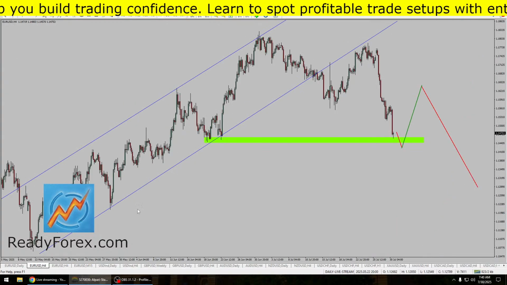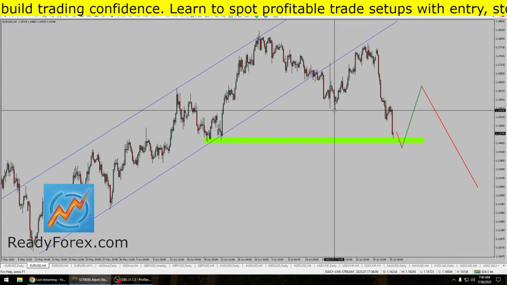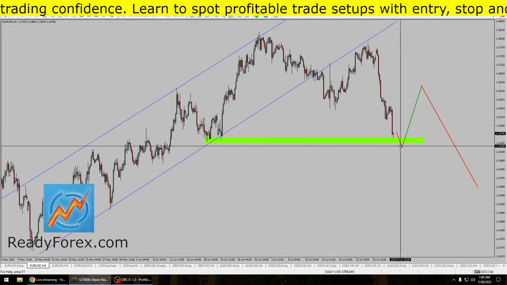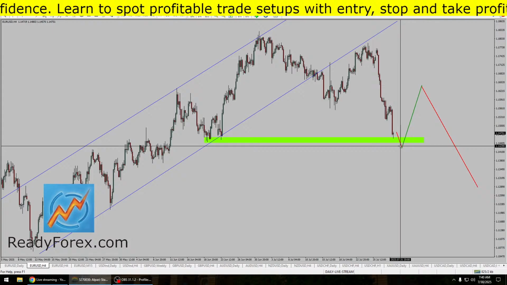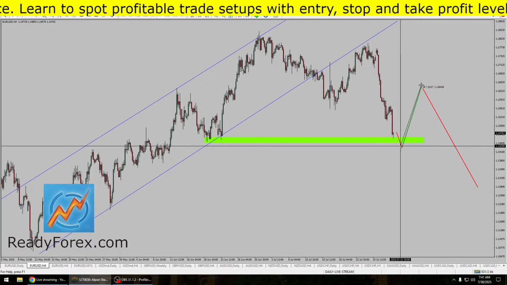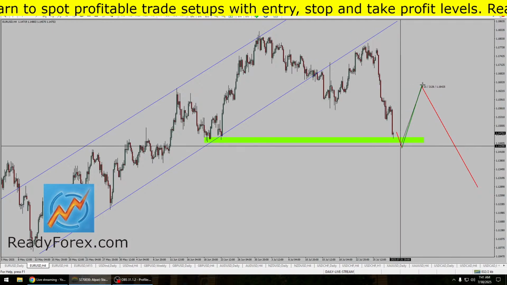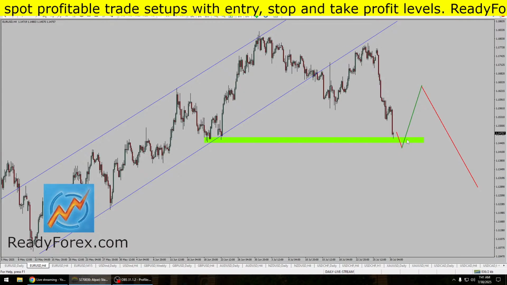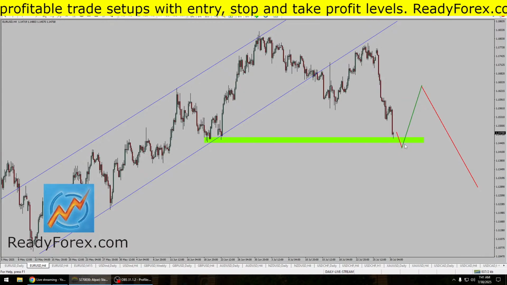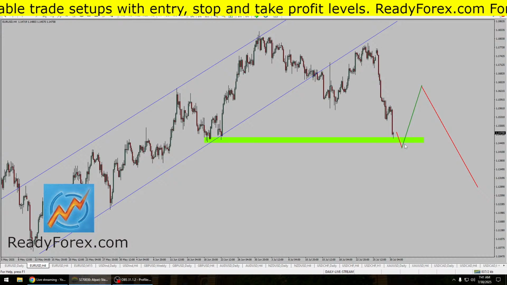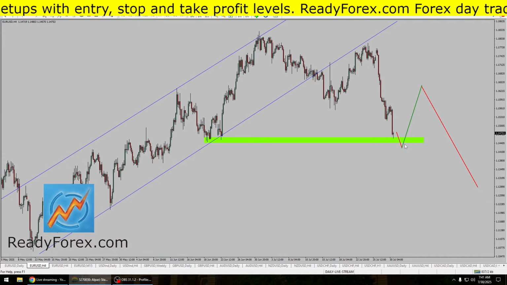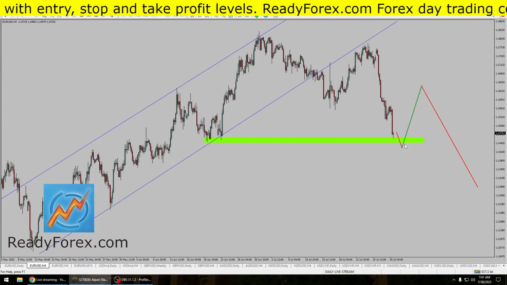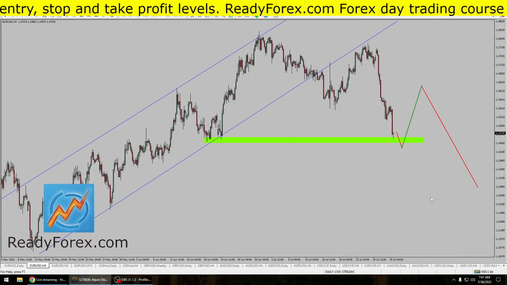The pattern actually looks complete over here. This looks to me like an ABC zigzag pattern. So if the euro wants to drop, it has to go up a little bit before it resumes the downtrend, or we get a complete reversal as well, which I would say is less probable, but on a short-term basis it's highly probable that EURUSD is going to rise up.